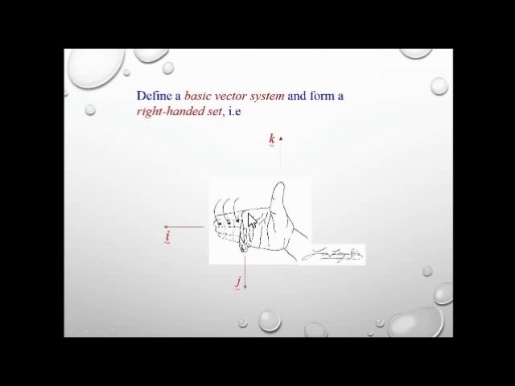Take your right hand and curl your fingers in the direction of increasing angle. That means if the angle starts from vector A and ends at vector B, then curl your fingers in this way. Then the direction of the thumb gives the direction of the resultant vector.